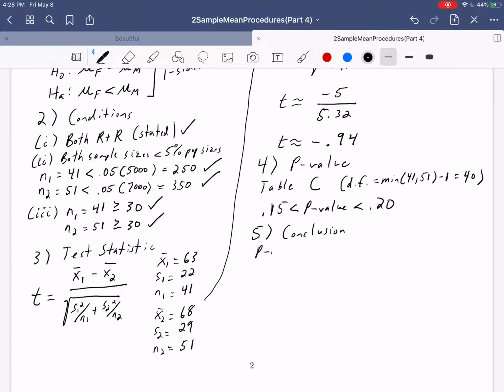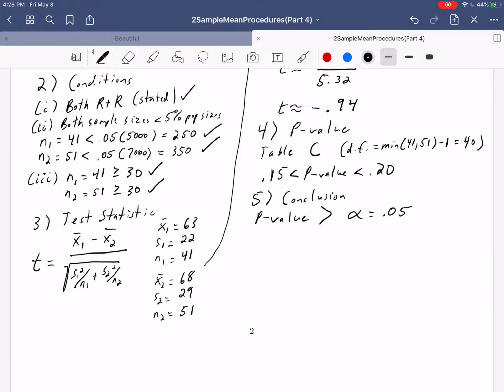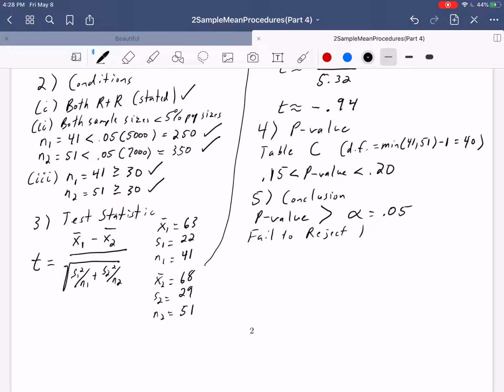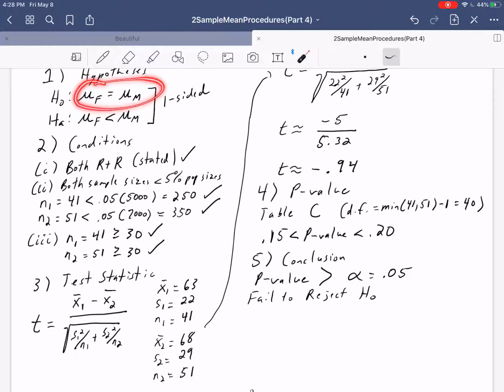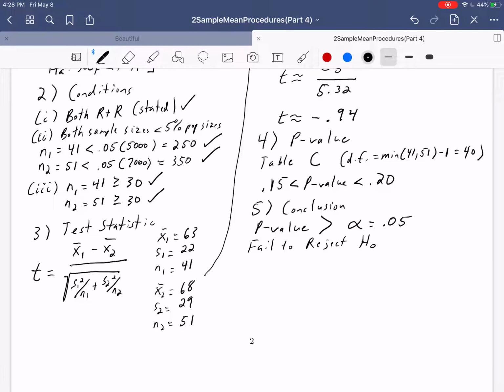All right, we can go ahead and make our conclusion. So we compare that p-value against the alpha that was set, 0.05. How does this range compare? Well, the p-value is greater than 0.15, so it is certainly bigger than 0.05. So the p-value is greater than alpha of 0.05. That means we fail to reject H0. So we failed to throw out our baseline assumption. So we failed to find evidence. So we'd say no significant evidence for our claim.